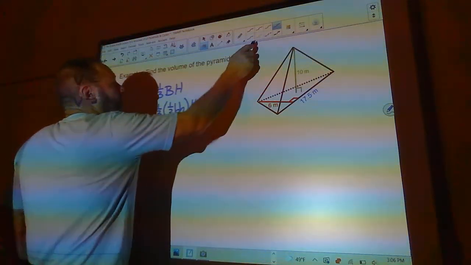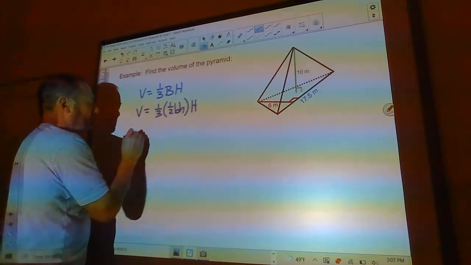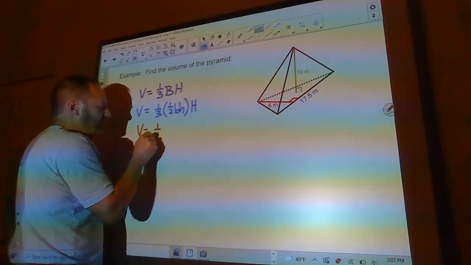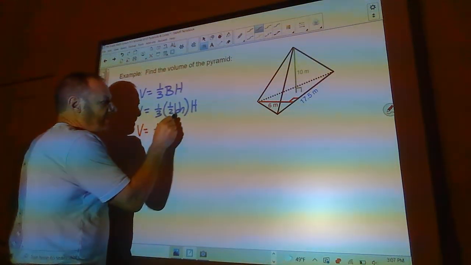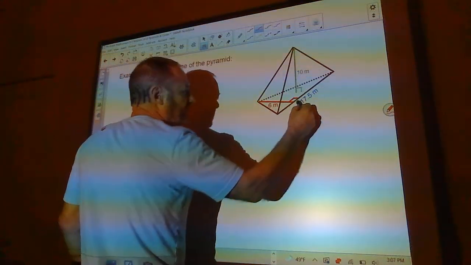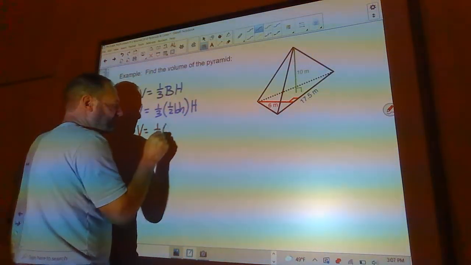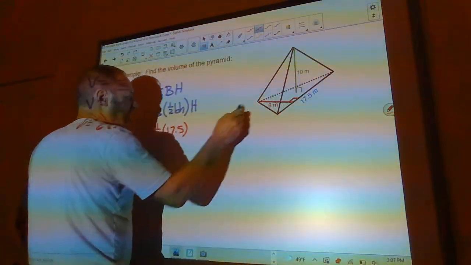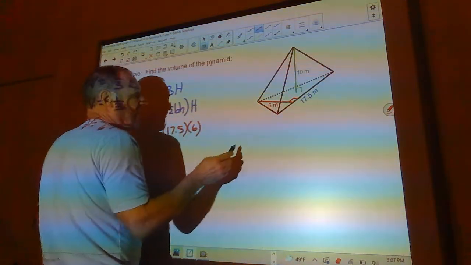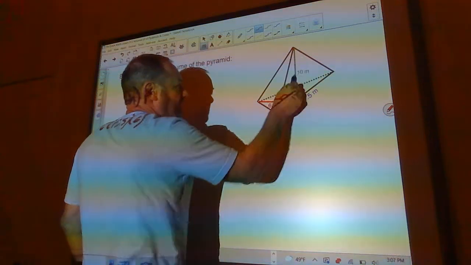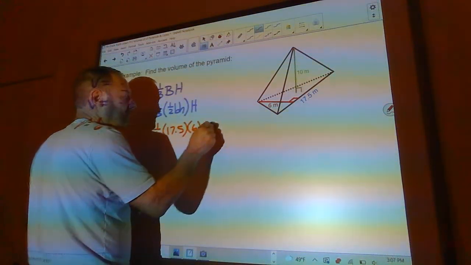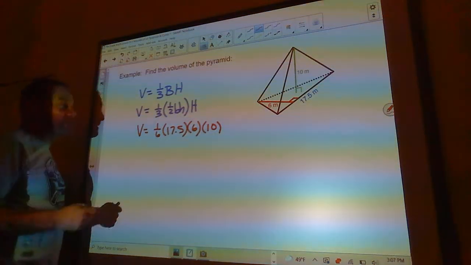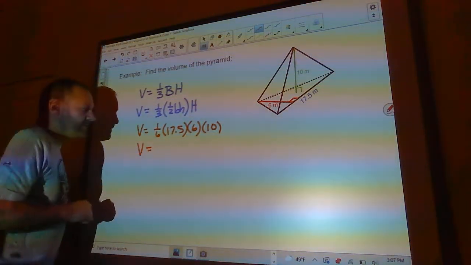Let's put some things in here. 1/3 of 1/2, that's 1/6. The base of the base is going to be this, 17.5. The height of the base is going to be this, which is 6. The height of the pyramid is going to be that, which is 10. Make sure you understand where each one of these numbers comes from. Go back and watch this video over and over if you need to.